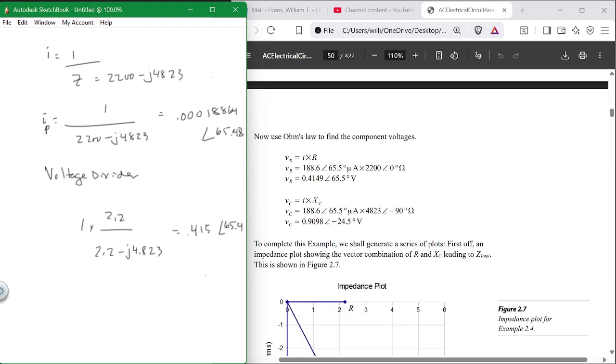How would you do voltage divider for the capacitor? What's the capacitor voltage? You mean you can stick a voltmeter across the capacitor and measure that voltage?